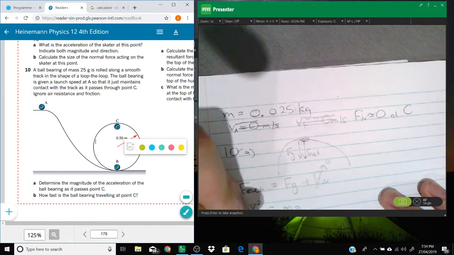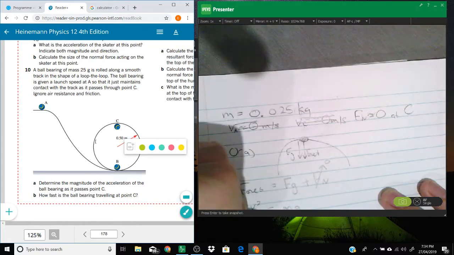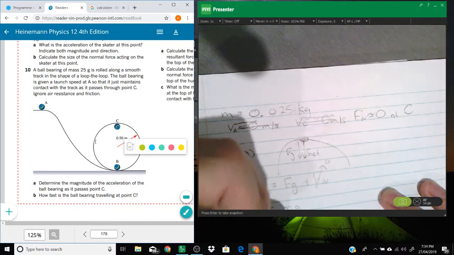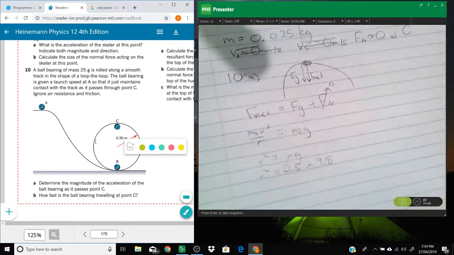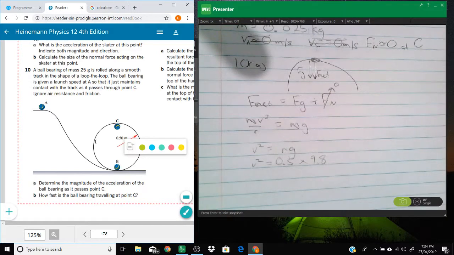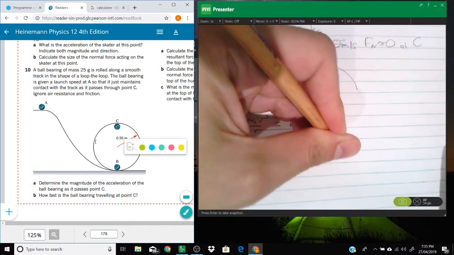So I think this is v squared equals rg. V squared equals 0.5 times 9.8. Sorry, just move this up. All right, so let's have a look at that. Okay, 4.9. Should know that.